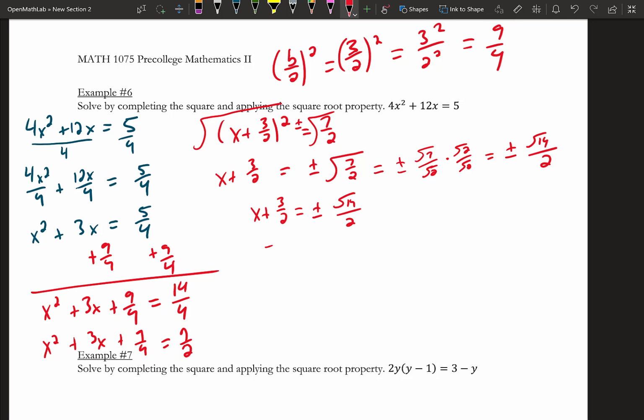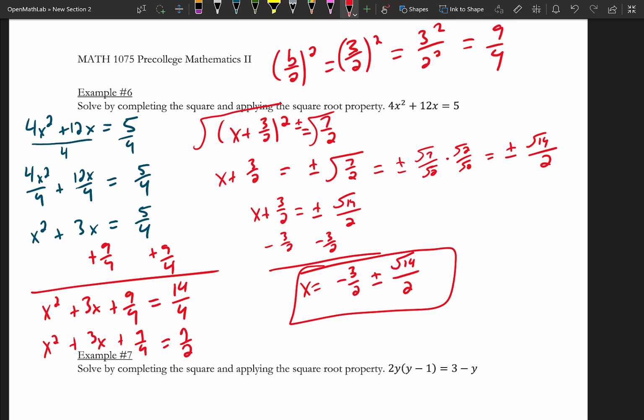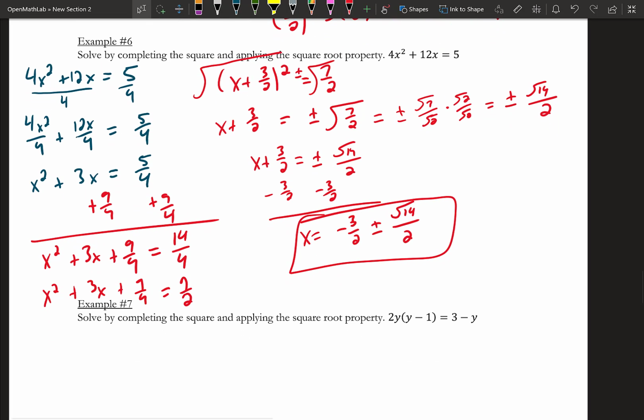So then if I subtract 3/2 from both sides, I get x equals negative 3/2 plus minus radical 14 divided by 2. Right, so there's the solution.